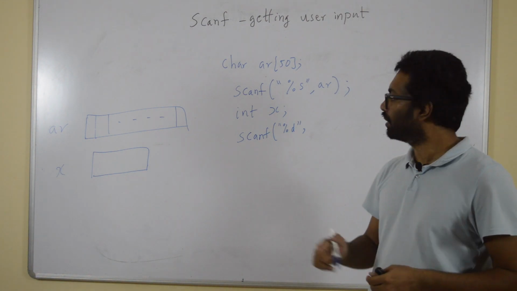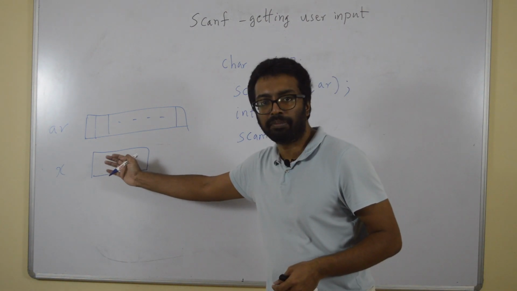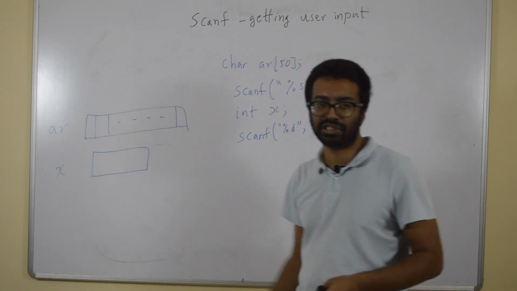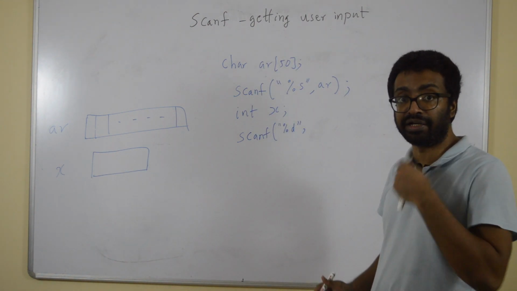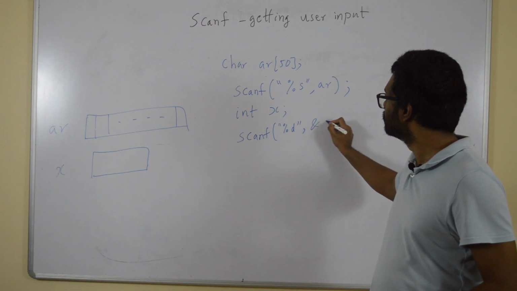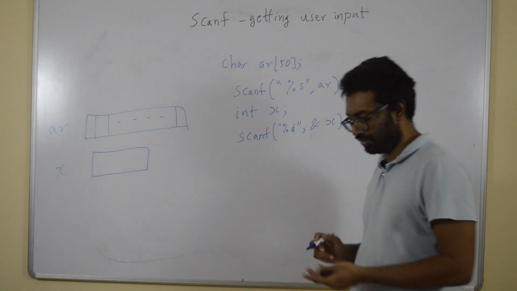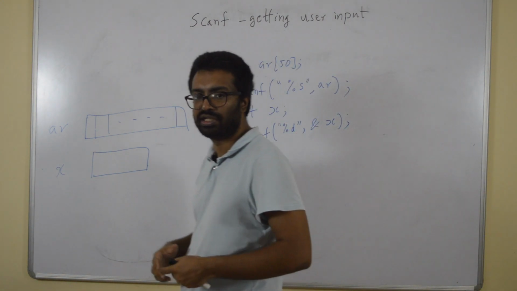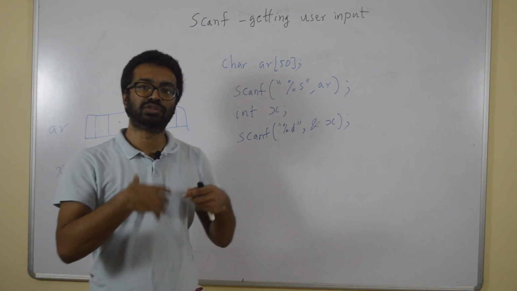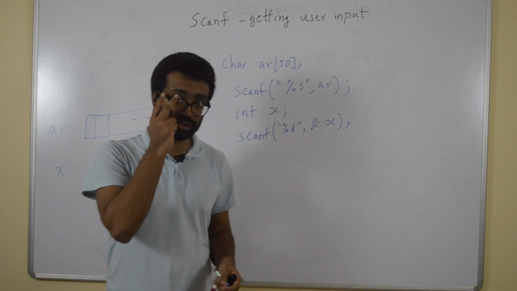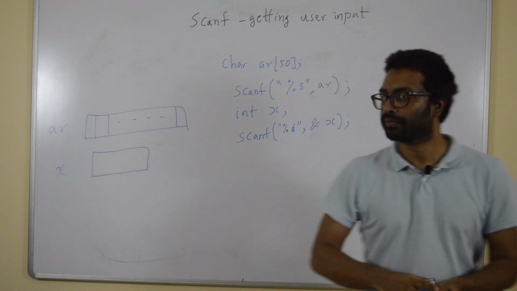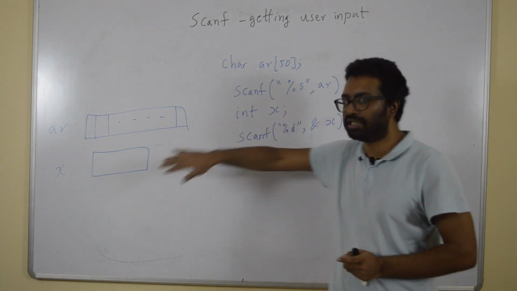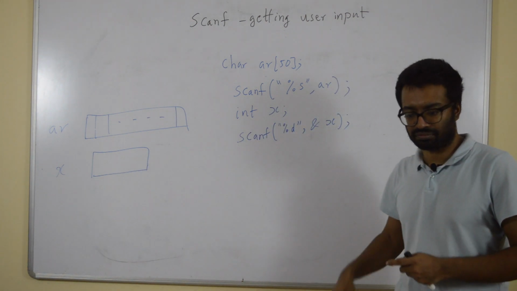And this time, since I want the number to be filled here in this location, I have to pass it the address of X. We saw that if you pass the address of X, the scanf function uses a pointer, gets that location address, and it basically fills the number here, right?